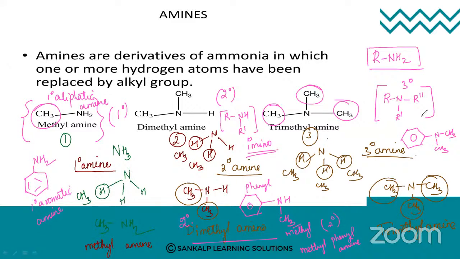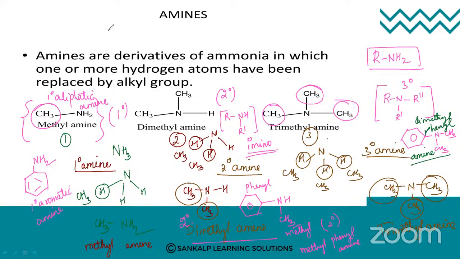You have two methyls and one phenyl group. So this is a tertiary amine. Two methyls are there, so it is dimethyl phenyl amine. This is the name of the compound.